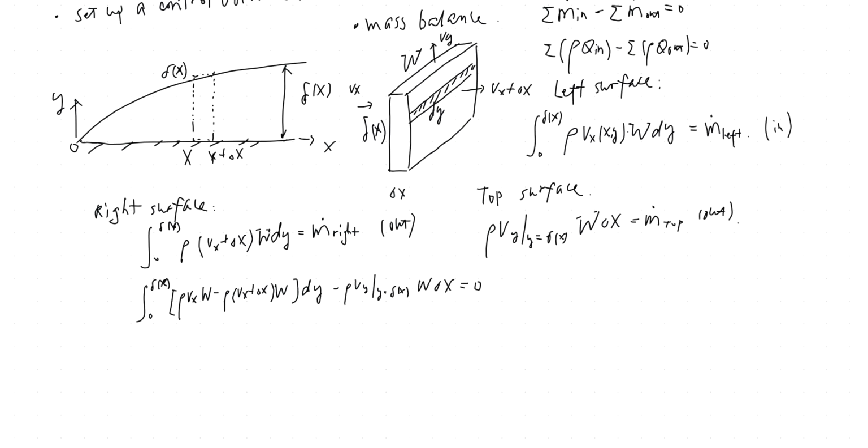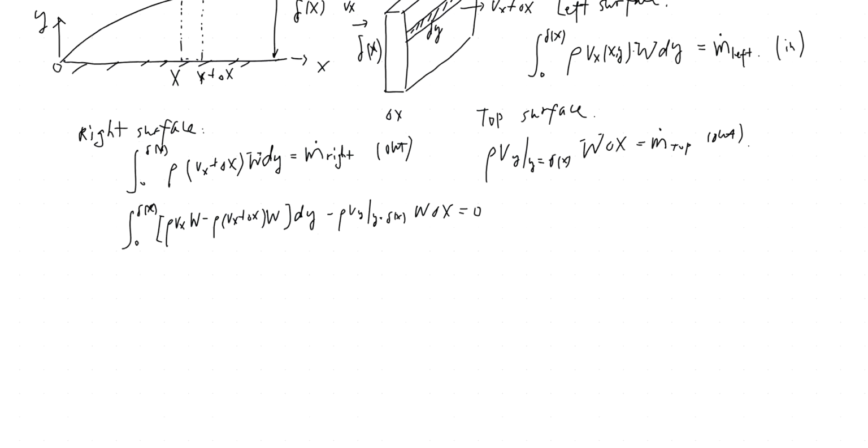We are saying the sum of the inflow minus the sum of the outflow gives you 0. Then we can clean up these equations. We can say that the rho and the w are constant, so you can just cross them out. And then you divide both sides by delta x.